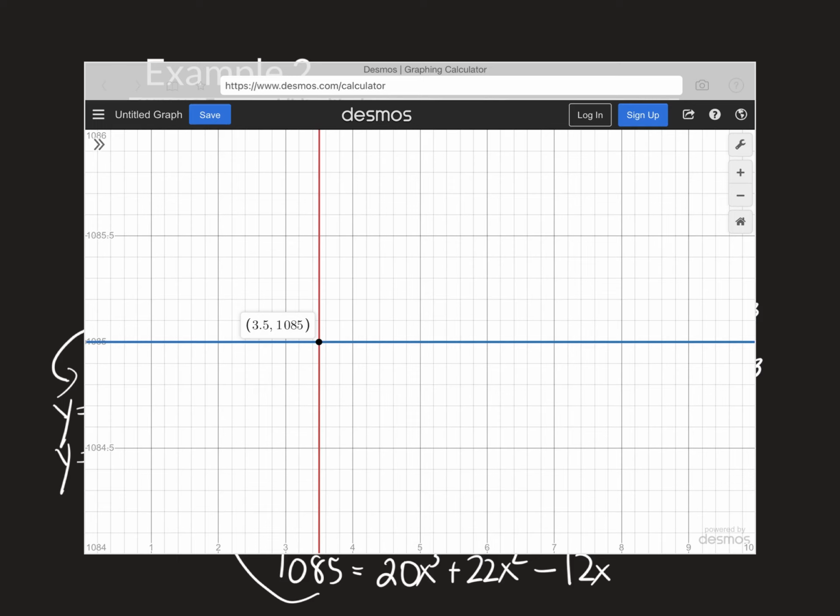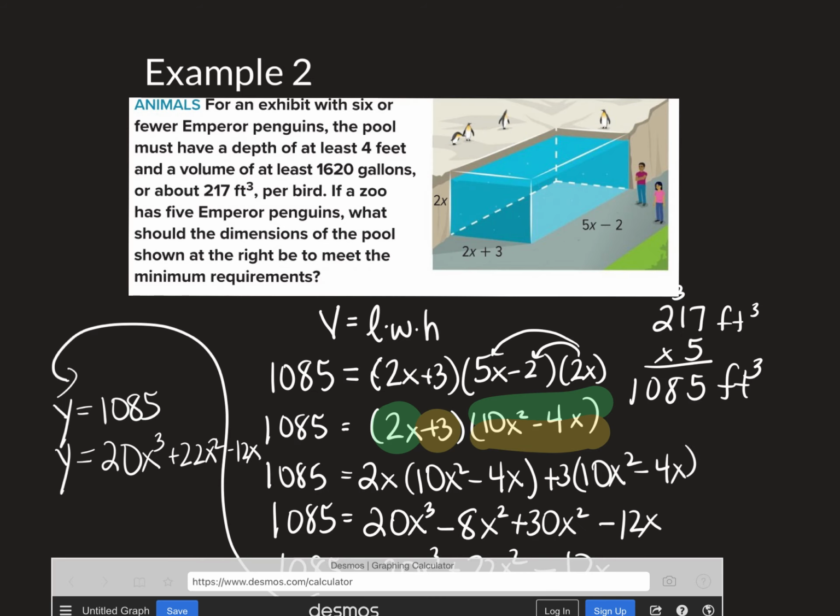So 3.5, 1,085 is the answer. And my solution is going to be the x-coordinate of the intersection. So x equals 3.5.